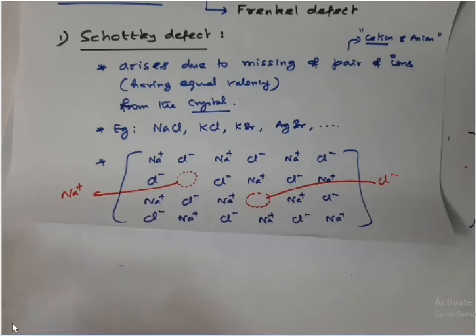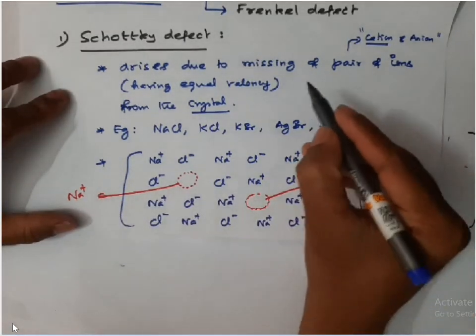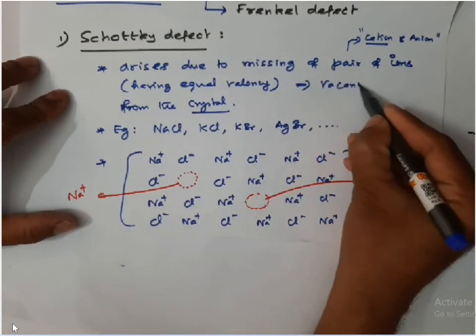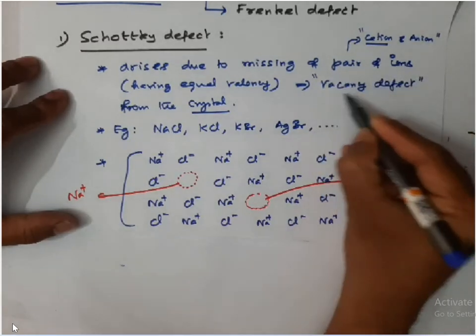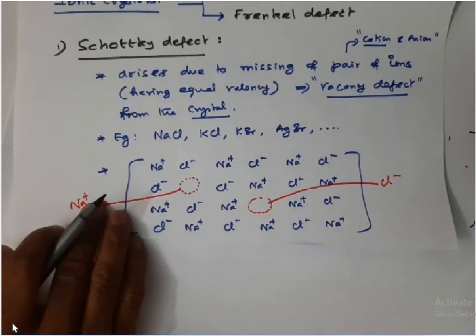So Schottky defect, actually speaking, is a kind of vacancy defect. Whenever vacancy defect arises, what will happen to the density of the crystal, students? Density decreases. Very simple.